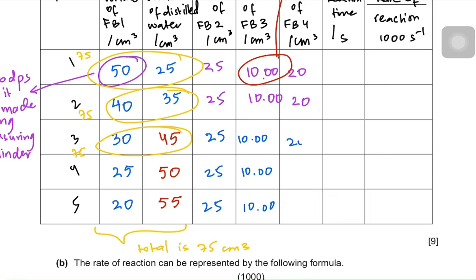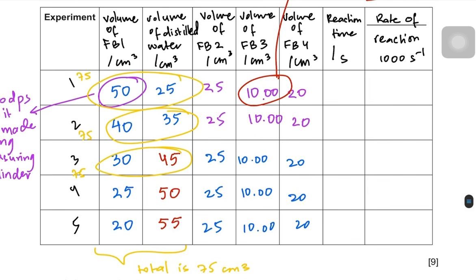We are increasing the volume of water and decreasing the volume of FB1 so that the concentration of FB1 changes each time. When you measure the reaction time, make sure it's in whole numbers. There are no decimal places. Obviously, when you are decreasing the volume of FB1, the rate of reaction will slow down, so reaction time will increase, right? So I'm just putting hypothetical values.